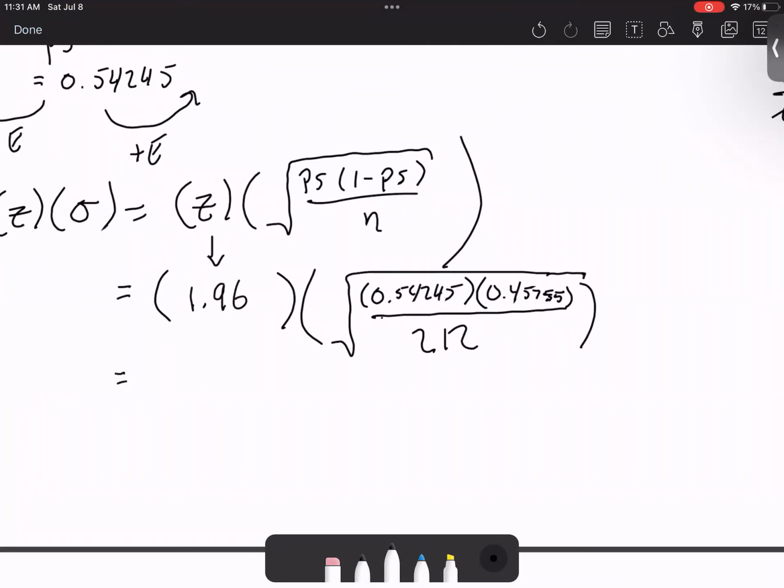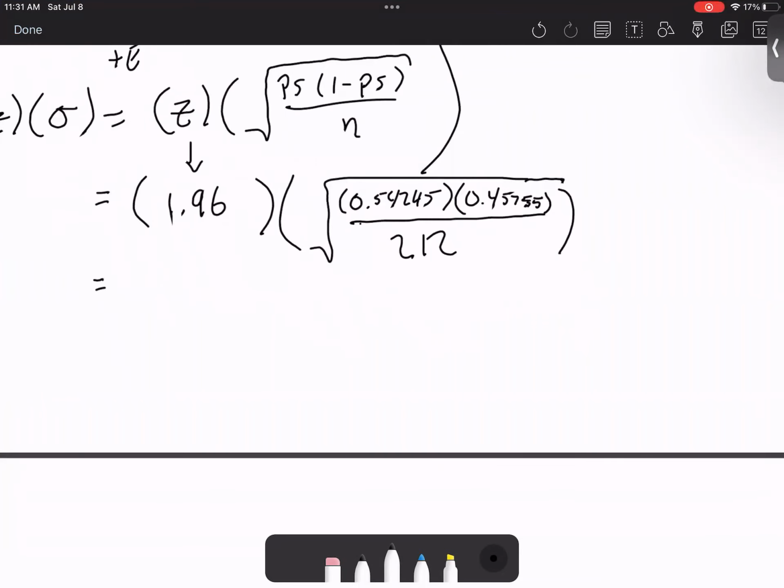Okay, let's go through this equation in a few different steps. Let's tell ourselves what's inside the radical first. So I'm going to leave that z-score 1.96 alone. I'm not going to perform the radical yet, but the consequence of 0.54245 times 0.45755 divided by 212 gives you 0.001171.